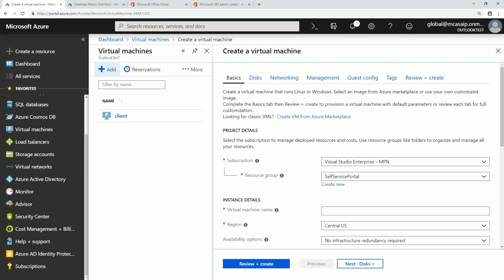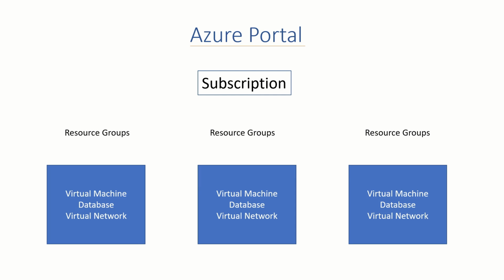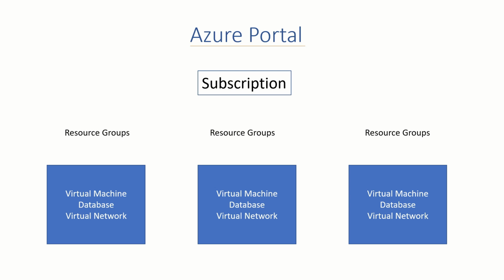Now, if we go back to our deck, what we discussed is that in Azure Portal the first node will be subscription, and inside your subscription you have resource groups. Whenever you deploy any resource, that will get saved in one of these resource groups. Each resource group can have virtual machine, database, or virtual network, but all the resources that you have kept in these resource groups will be separated from each other.